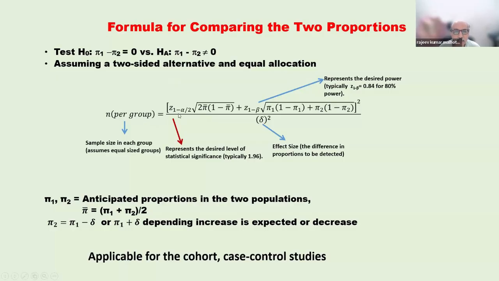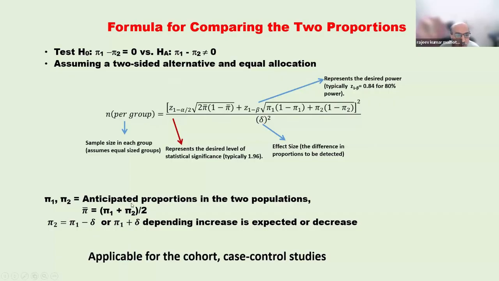We take the Z 1 minus alpha, and this is the 2 pi bar. What is the 2 pi bar? 2 pi bar is equal to the sum of one proportion plus two proportion divided by 2. And for the alternative, plus Z 1 minus beta is equal to the square root of pi 1 (1 minus pi 1) plus pi 2 (1 minus pi 2), divided by the clinically important difference, that is equal to pi 1 minus pi 2.